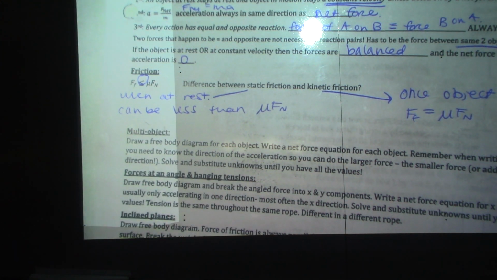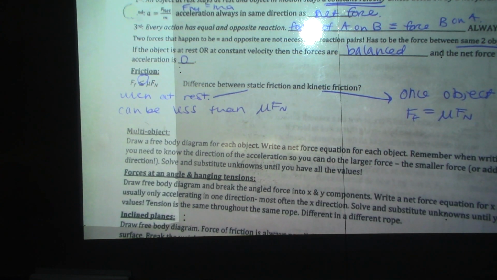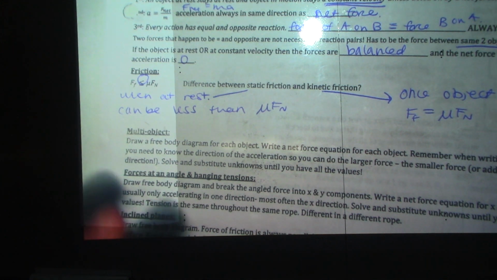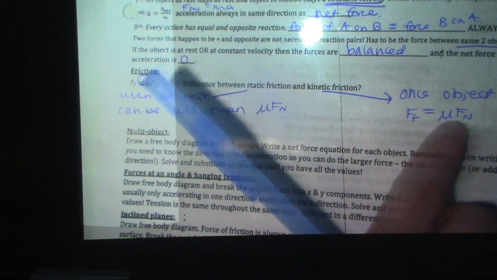I have to overcome 90 newtons in order for it to start moving. Once it starts moving, then it would be kinetic friction. So if I only push it with 80, that does not mean it pushes back with 90. It means it pushes back with 80 because it's still at rest. It would still be balanced. So it's like a limit. It's up until 90, and then once it overcomes the maximum, then it would be kinetic.